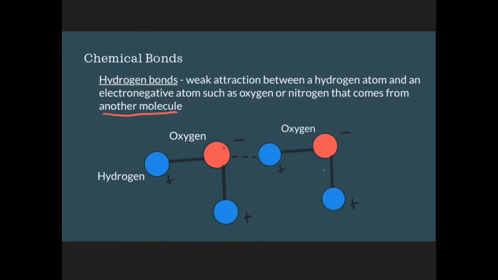So here, between this oxygen of one water molecule and this hydrogen of another water molecule, this here is where we see a hydrogen bond. So hydrogen bonds are between two different molecules. So an electronegative atom and a hydrogen atom. And again, this is what we see in between strands of DNA holding those two strands together.